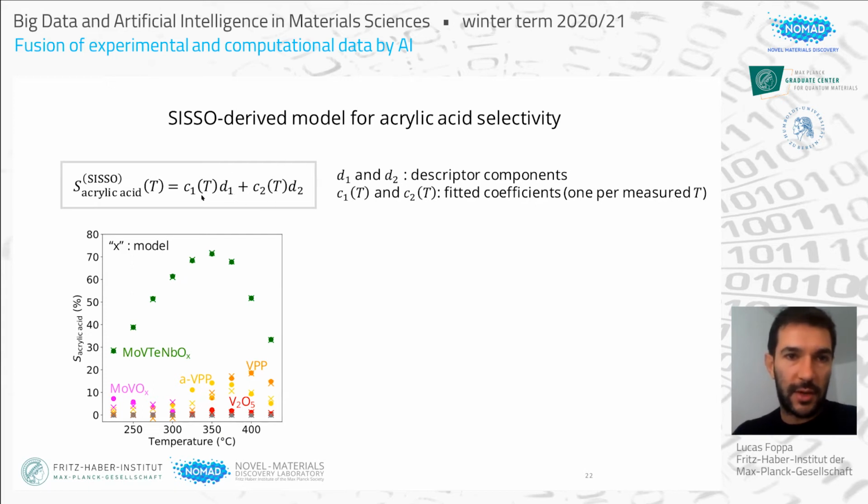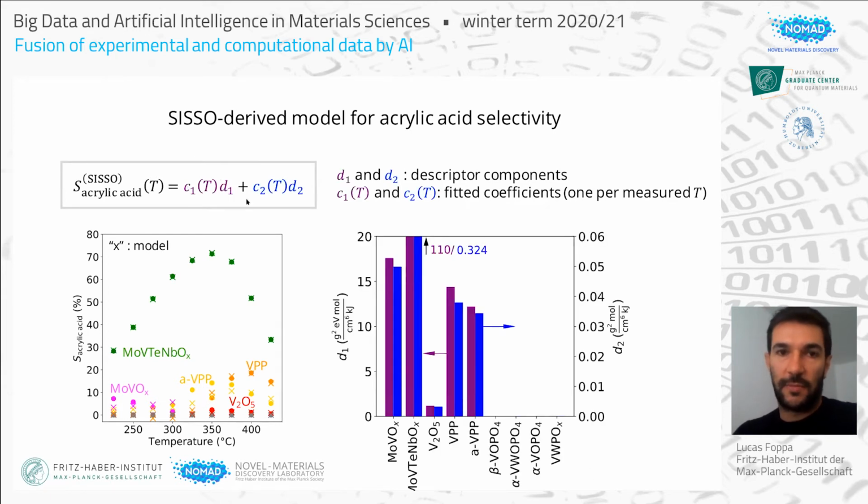And we can look a bit more in detail at how this model is composed. So we have D1 and D2. They are the components. They have some values for each of the materials, and this is shown in this graph here. So here we have the D1 value or D2 value for all the catalysts in the data set. So the 9 materials, and we see that they have very high value for the MOF, the catalyst which is by far the most selective towards acrylic acid.